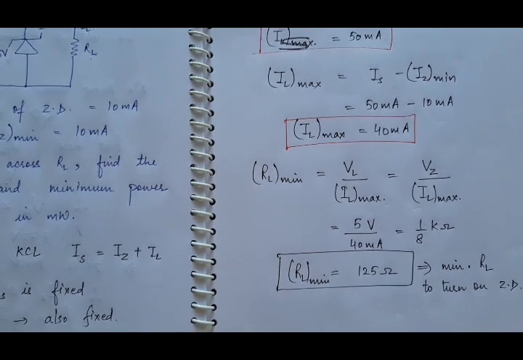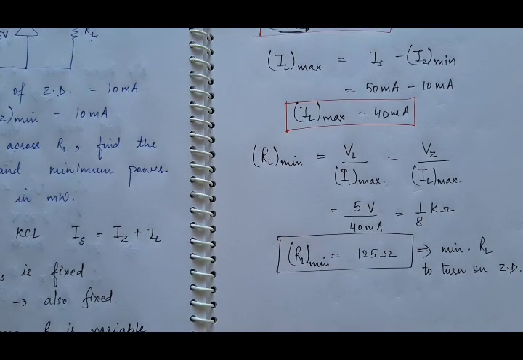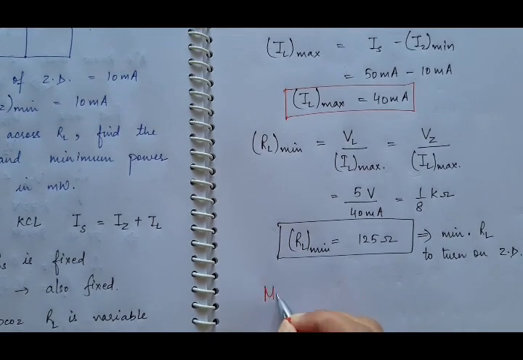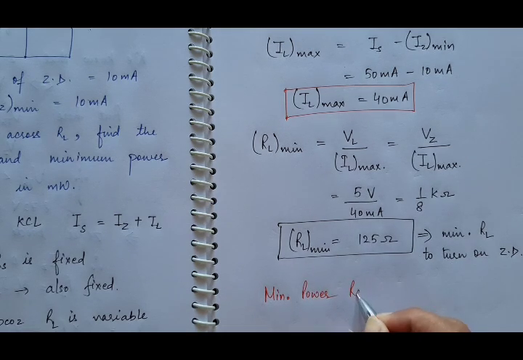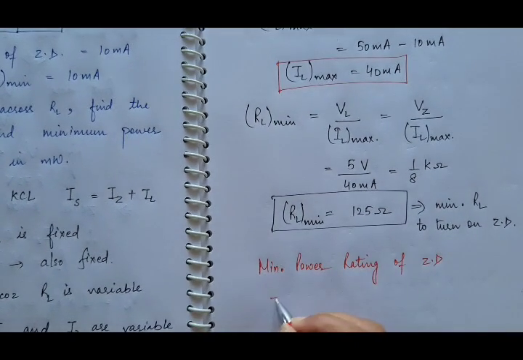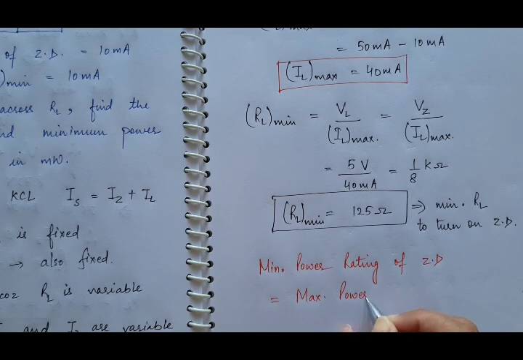Next, we are asked to calculate the minimum power rating. The minimum power rating of the Zener diode is actually the maximum power dissipation capability without getting damaged.